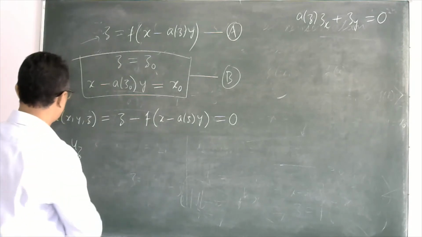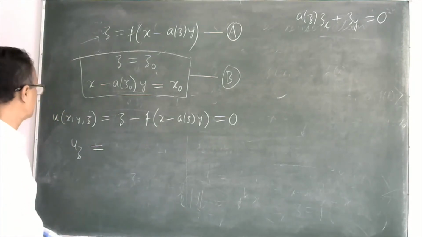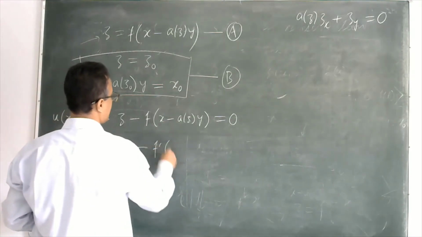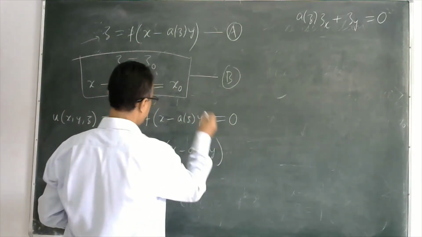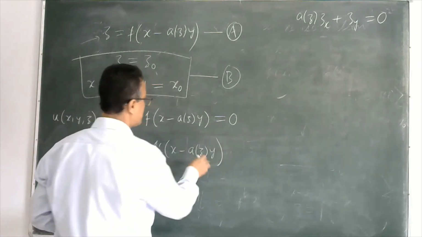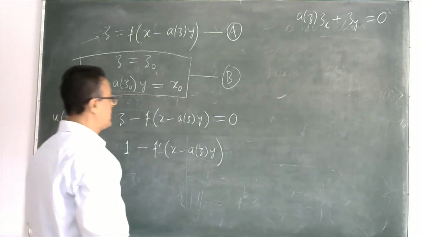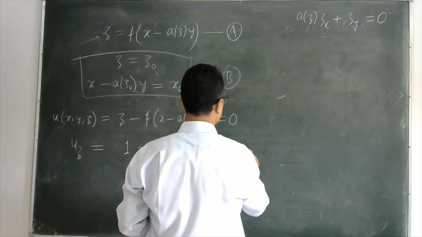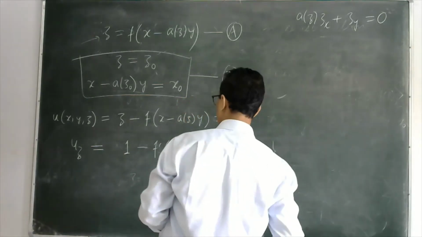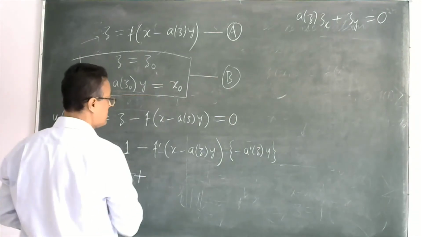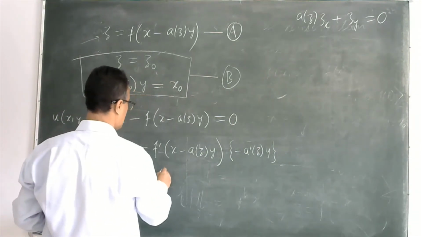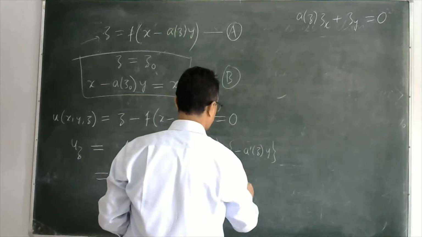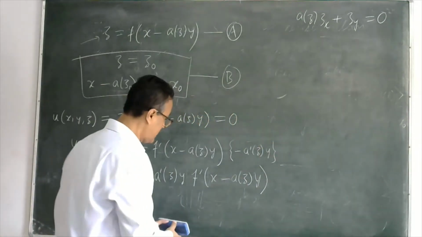Okay, so now if I want to find out U_z, then you'll see that this is 1 minus f prime of x minus a z y, and then again the derivative of this argument with respect to z, and that is nothing but minus a y. So eventually this is going to give me 1 plus a y f prime of x minus a z y. Okay, fine.